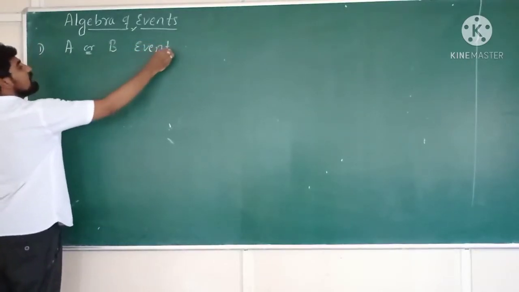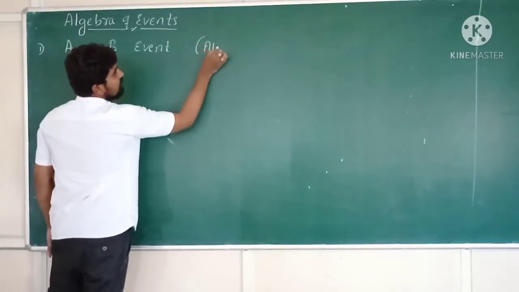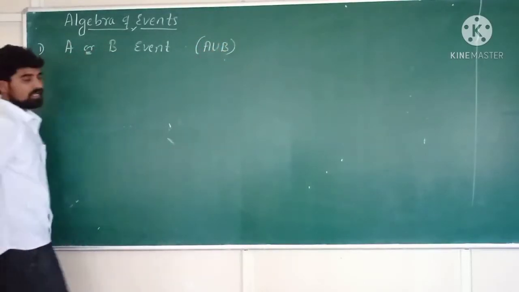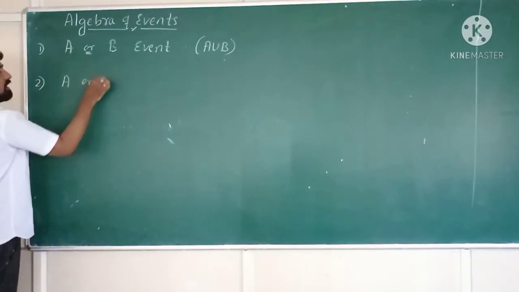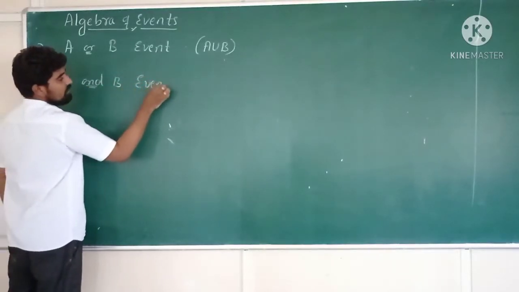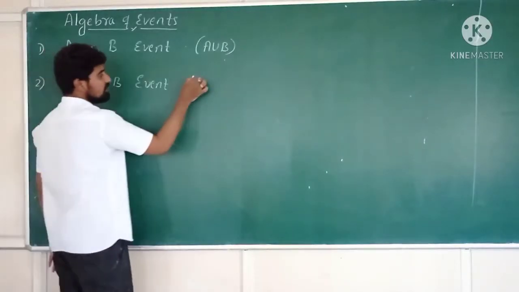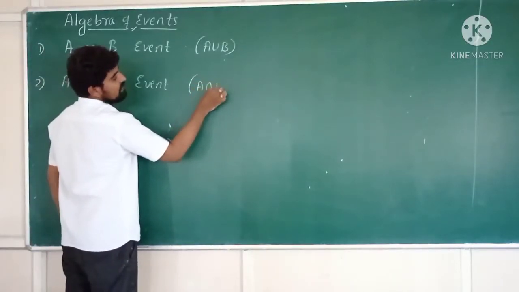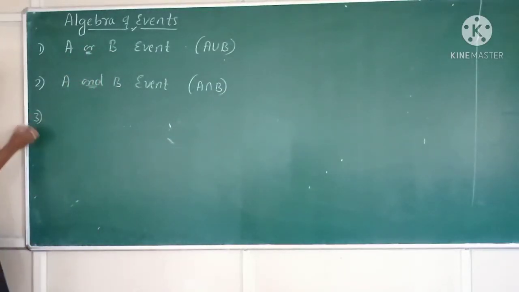The mathematical representation of A or B event is A union B, and the second one is A and B event. The mathematical representation of A and B event is A intersection B.